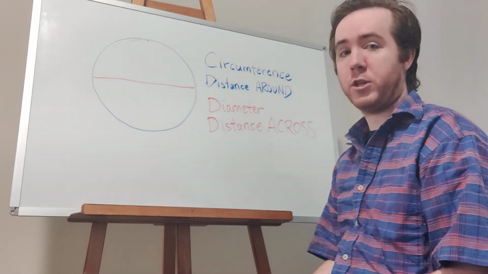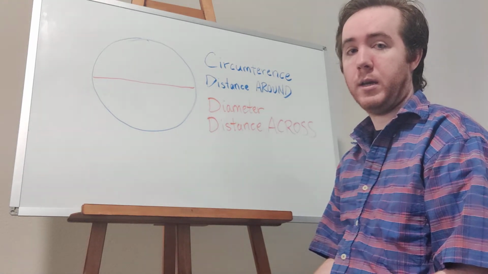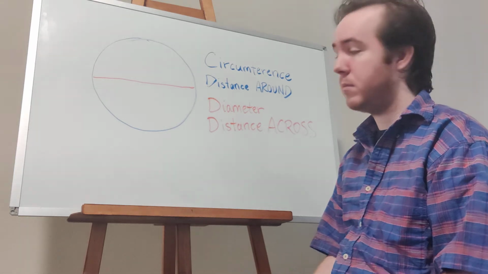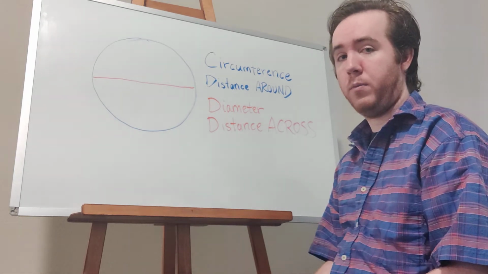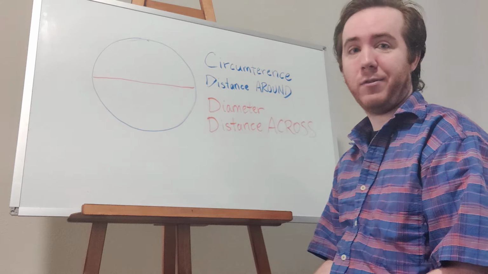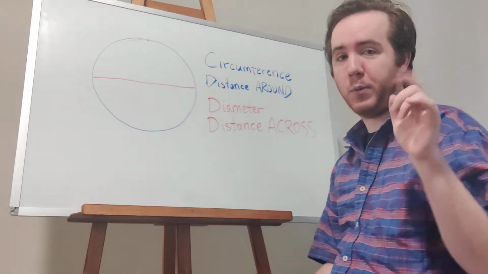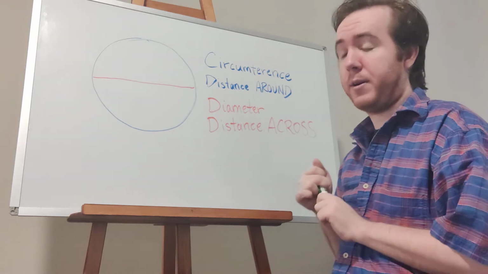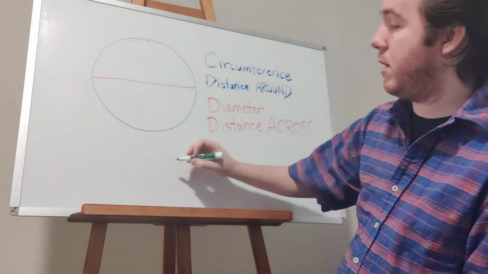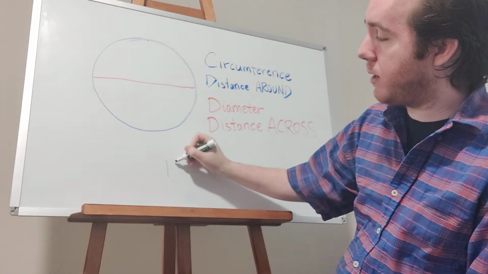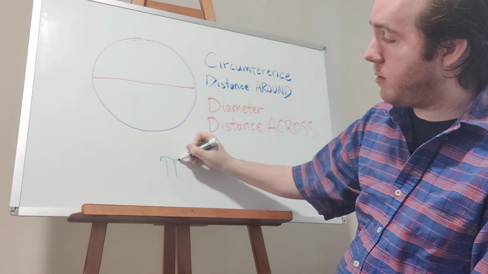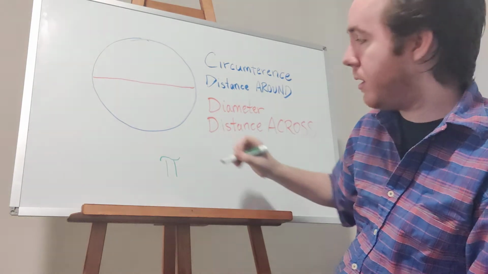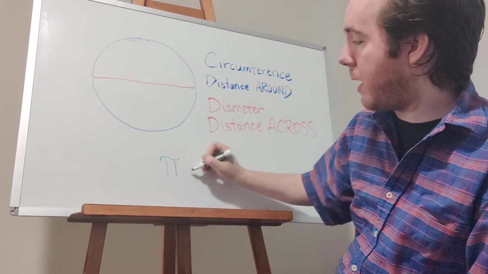Now, we're going to learn about a very special number. It's a number called pi. You'd think you've learned all different ways to write numbers, 1, 2, 3, 4, 5. Well, this is a number we give a very special name, just how useful it is. And it's called pi.